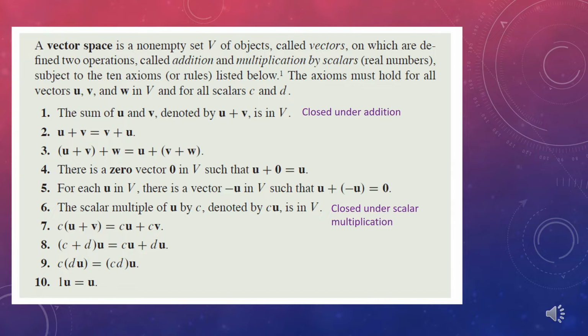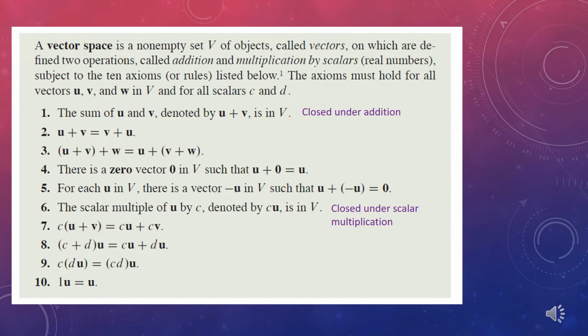The axioms are listed below, and like I said, they're going to be very familiar to you because they hold true for the set of real numbers. You learn these axioms in algebra class for the set of real numbers because the set of real numbers is an example of a vector space. The axioms must hold true for all vectors in your set, in your vector space, and for all possible scalars.